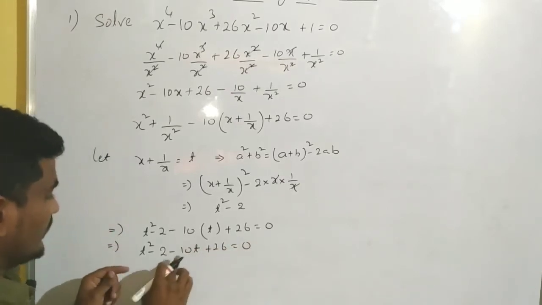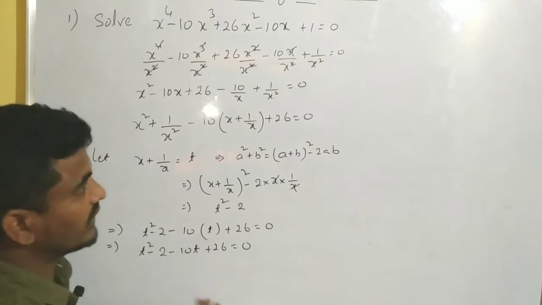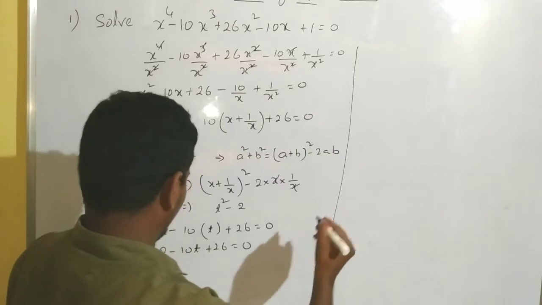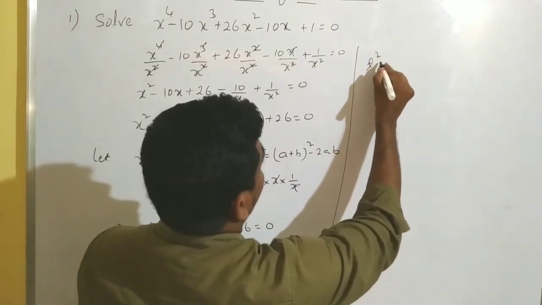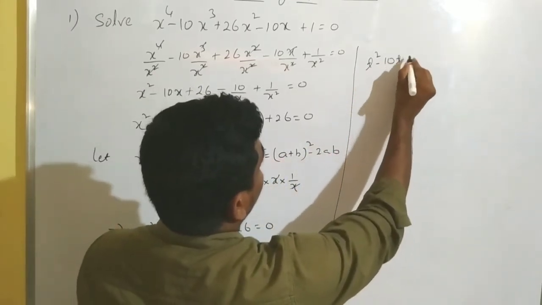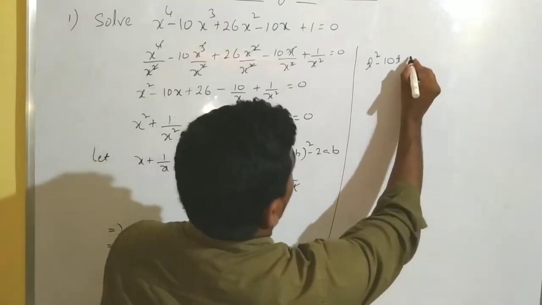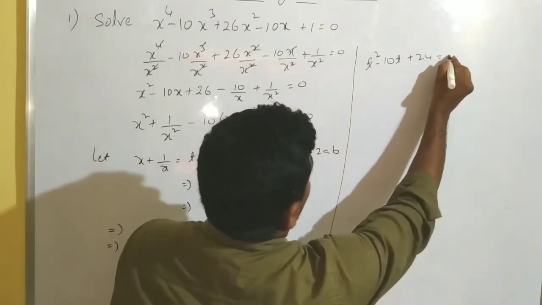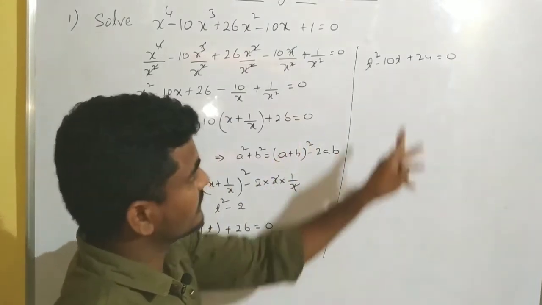And next, t square minus 10t, 26 minus 2, that becomes 24. t square minus 10t, 26 minus 2 is equals to 24, equals to 0.